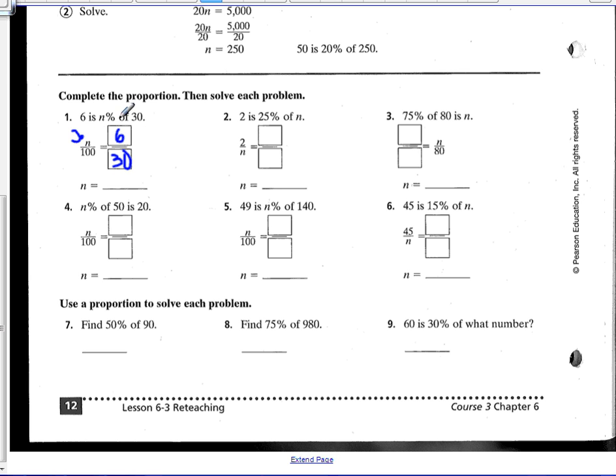And then I can just cross multiply. So I'll then have 30n equals 600. Divide both sides by 30. 600 divided by 30 is 20. So in this case, it is 20%.